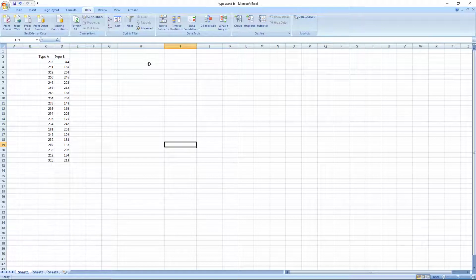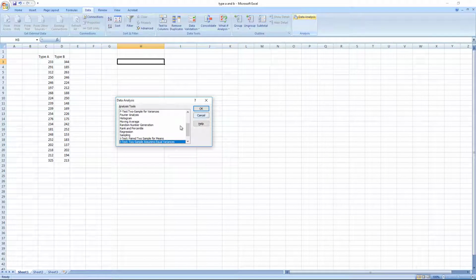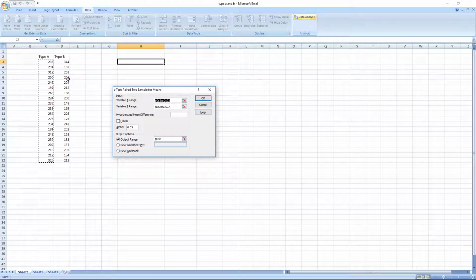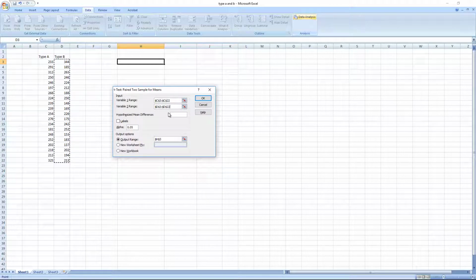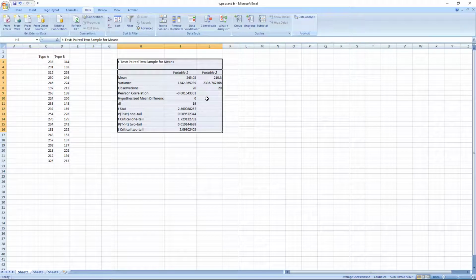But all you have to do to get that t-value is go to data analysis. For this one we're going to be doing a t-test: paired two sample for means. You hit OK. We select our variable range 1, which is already selected, and our variable range 2, which is also selected here. Then you put in your output range, so you determine where you want it to go. H3 is fine, and then you hit OK.